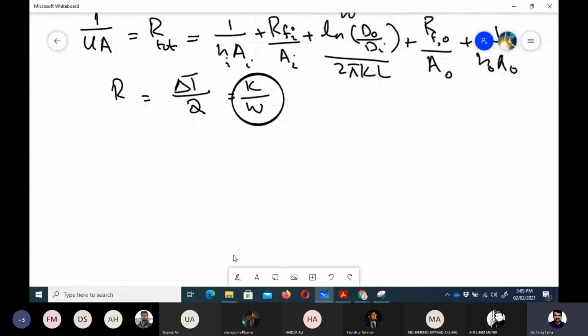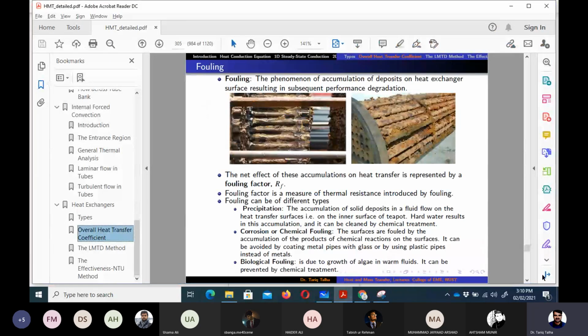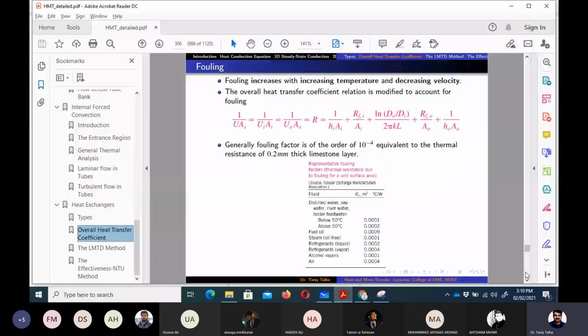Okay, so this we have discussed, and now I can show you the fouling factor for some common pipe surfaces. So if I can zoom it a little bit, a minute.